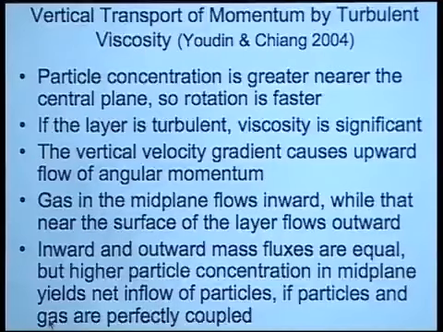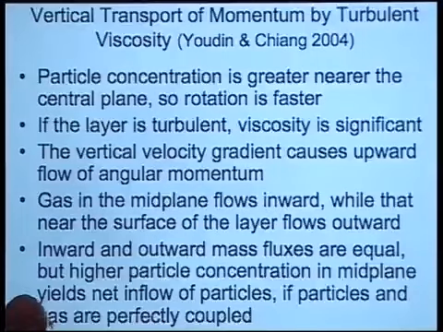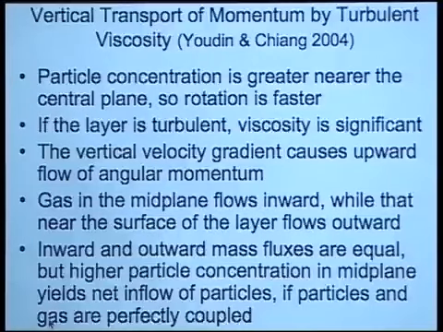Youdin and Chiang did a nice, elegant model for the flow of gas in a nebular particle midplane, where they assumed a turbulent viscosity and a vertical transport of angular momentum. If the particle concentration is increasing towards the midplane, then that part of the layer is being dragged more rapidly, closer to the Kepler velocity, and the particles in the less dense layer above and below that are moving more slowly.